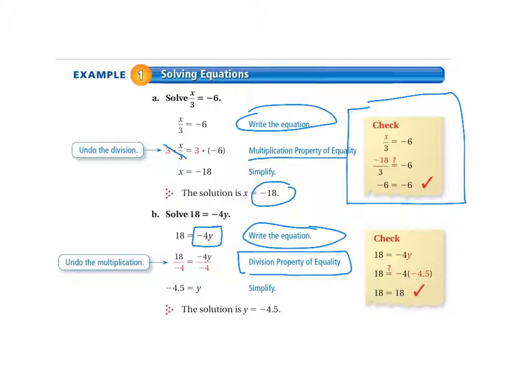So 18 divided by negative 4 equals negative 4y divided by negative 4, and negative 4 divided by negative 4 equals 1. That leaves us with a y on the right. So our solution is y equals negative 4.5.